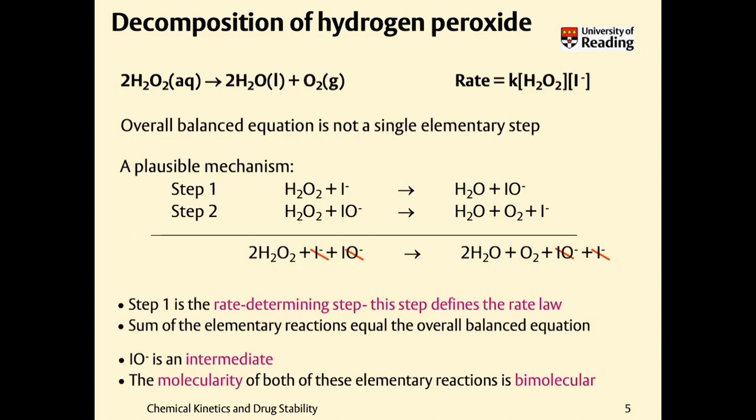And the molecularity of both of these elementary reactions is bimolecular, which means that two molecules react with each other in both of those steps in that reaction. So that reaction has two steps to it, and the first step determines the rate of the reaction.